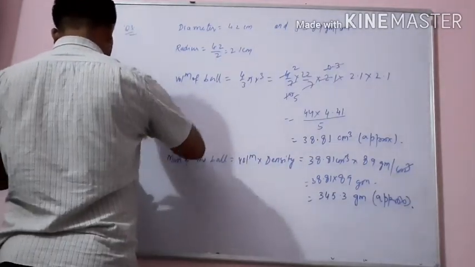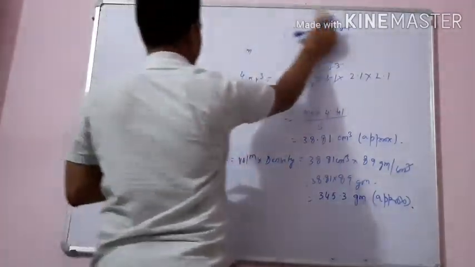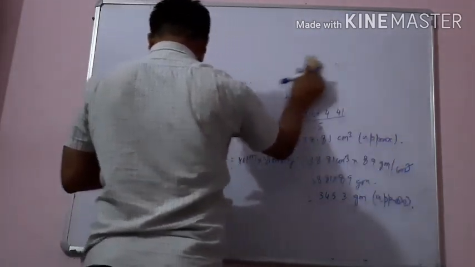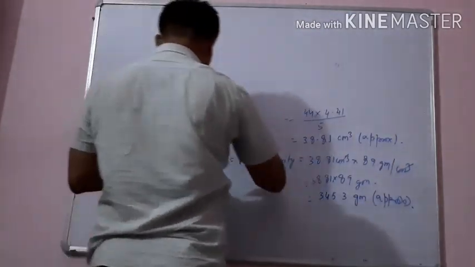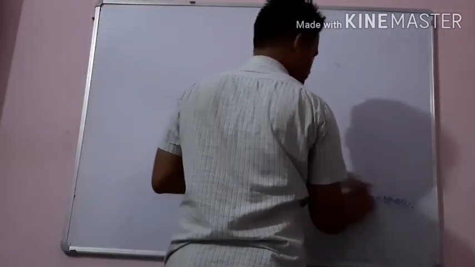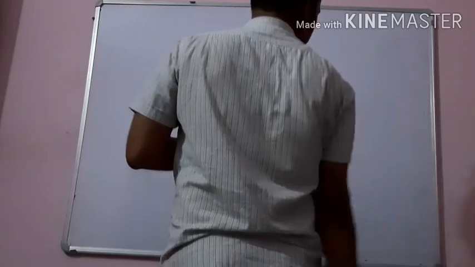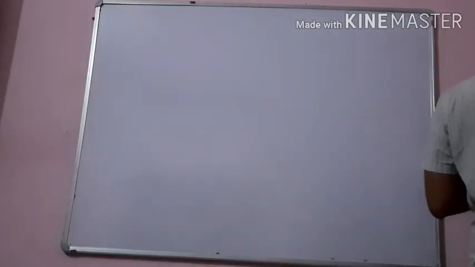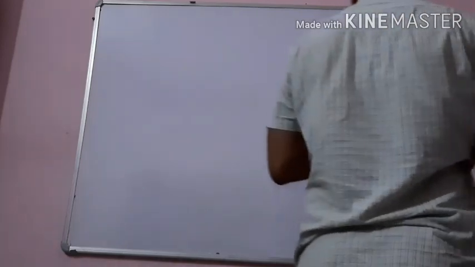Now question number 4, this is a theoretical question. The diameter of the moon is approximately 1/4 the diameter of the earth. What fraction of the volume of the earth is the volume of the moon? What is given?